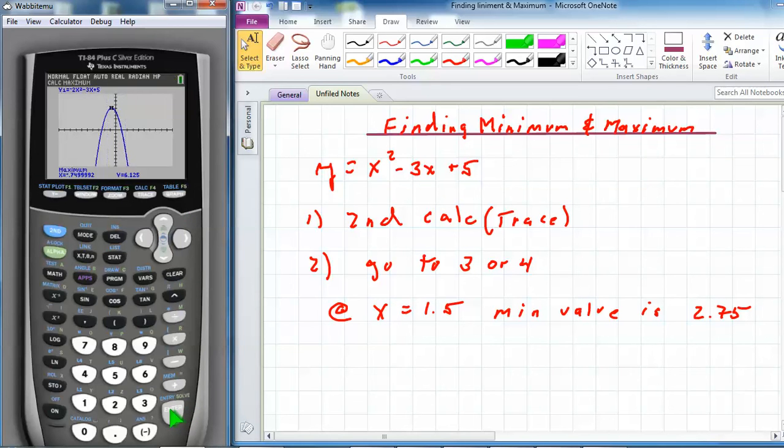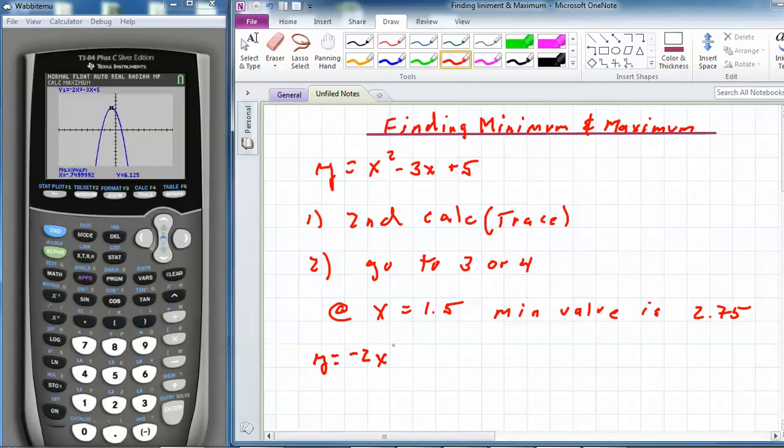And now for the graph, this is y equals negative 2x squared minus 3x plus 5.